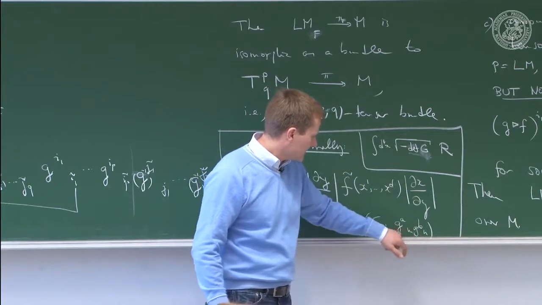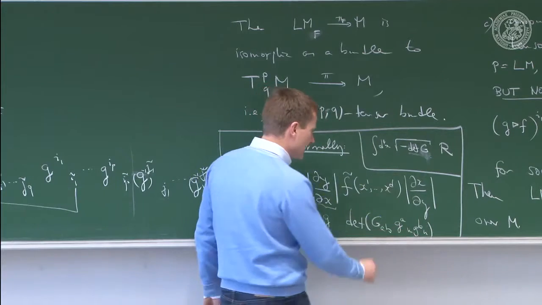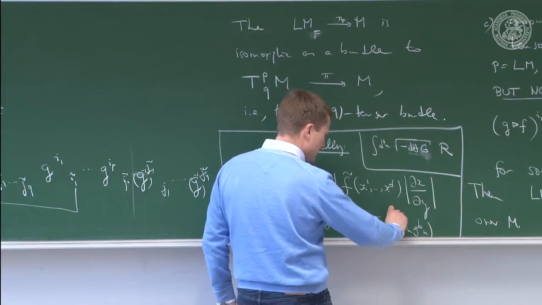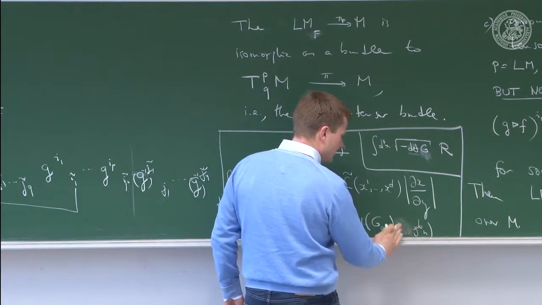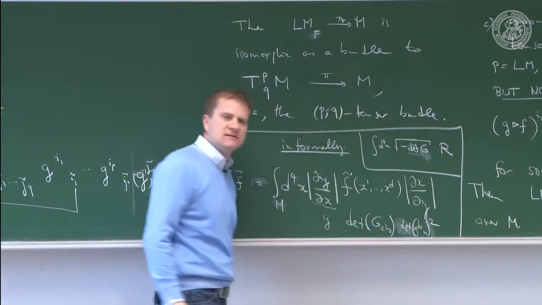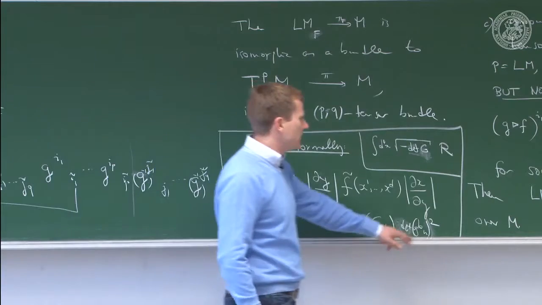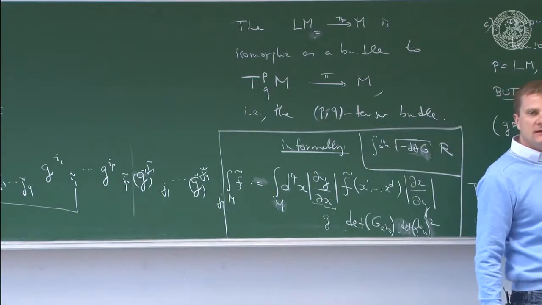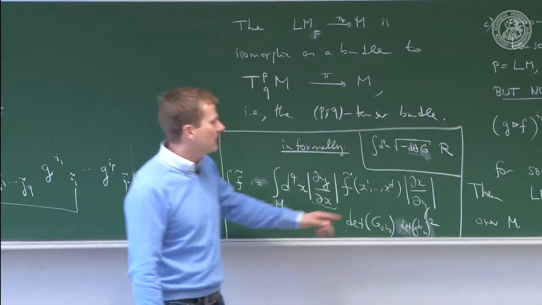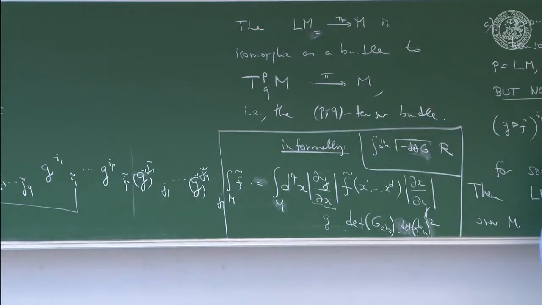We know it does it like this because it is a tensor, but now you can use the rule for determinants. You find the determinant of G_AB times the determinant of this G, but you had two of those, so it's this squared. So you pick up a squared factor here. So this is a density of weight 2. This omega is called the weight of the density.